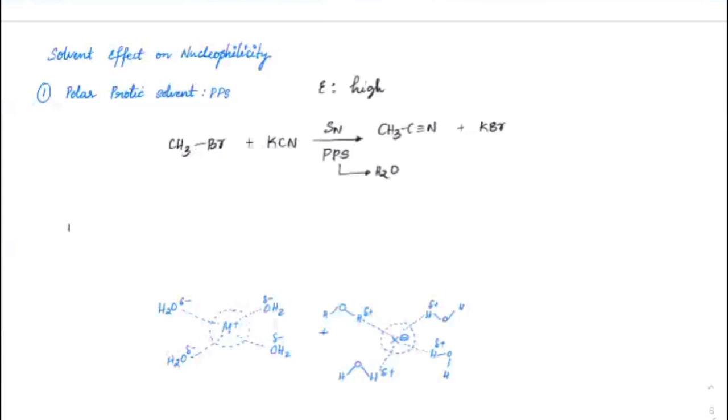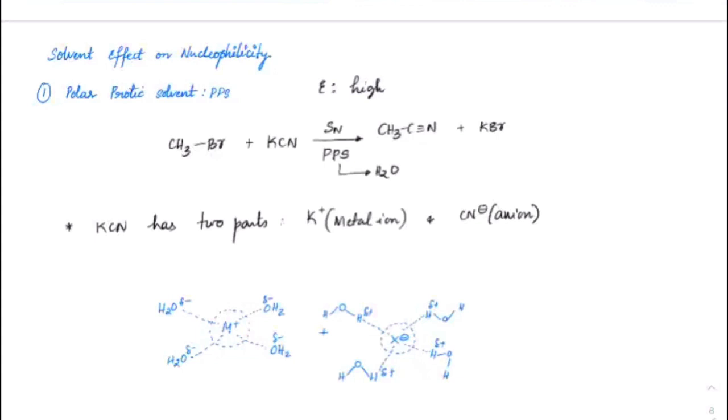KCN has two parts here. One is K plus, which is a metal ion, and CN minus, which is the anion.